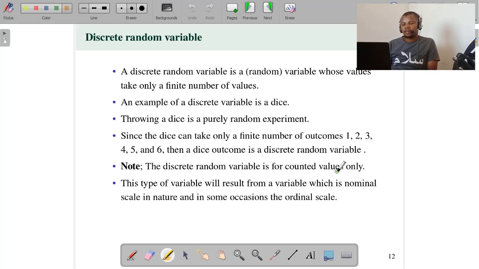Remember this, because this is going to be the only discrepancy between discrete and continuous. This type of variable will result from a variable which is nominal scale in nature, and on some occasions the ordinal scale. That's why I said we're also going to touch a little bit on the scales of measurement.